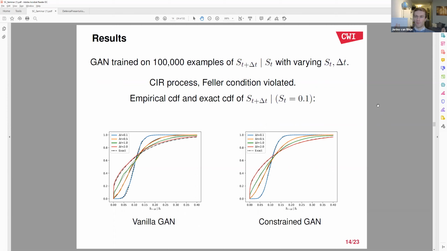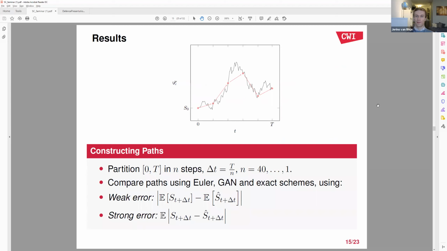Now I'm just telling you this, but in my work I also computed some statistics on that. Right now it's more interesting, I think, to focus on which paths we can generate with that. So now that we can generate the conditional distribution, how can we use that to construct paths? Well, we can basically iteratively sample from that conditional distribution.